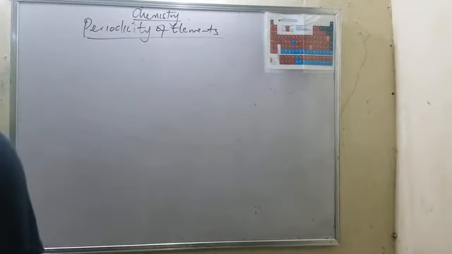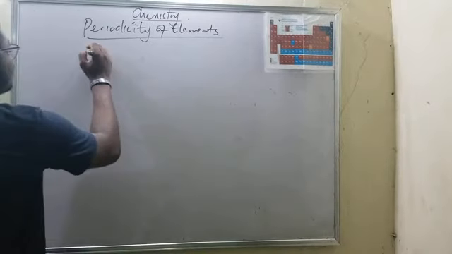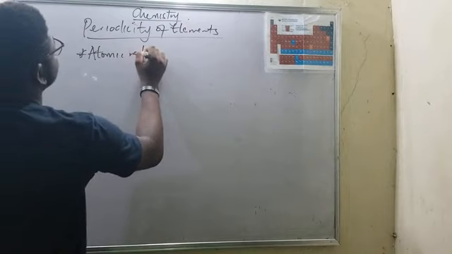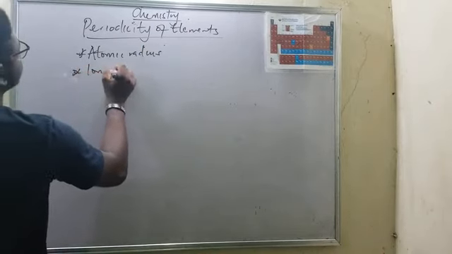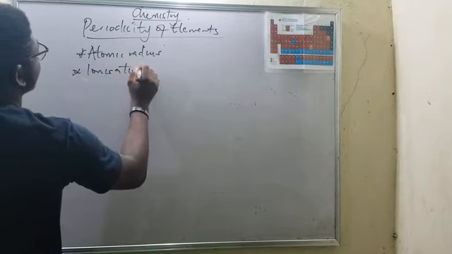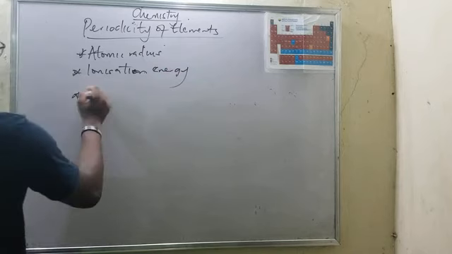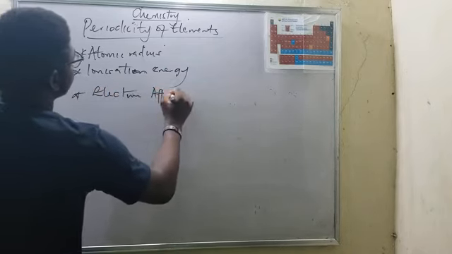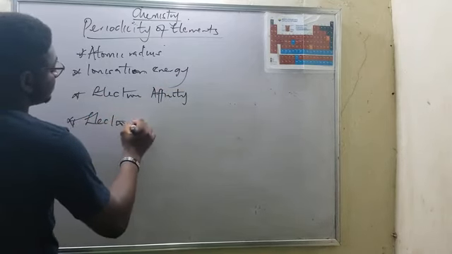We'll be discussing the periodicity basically under 4 different areas. First, we will start with the atomic radius. We also have the ionization energy, the electron affinity, and lastly, the electronegativity.